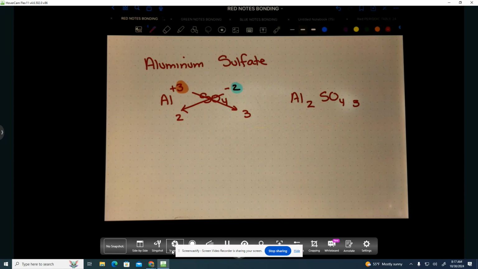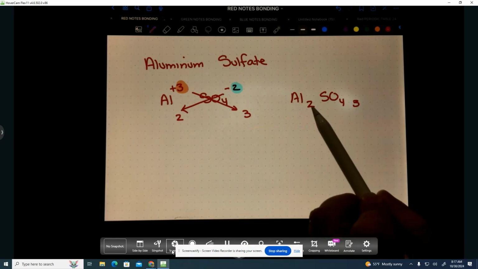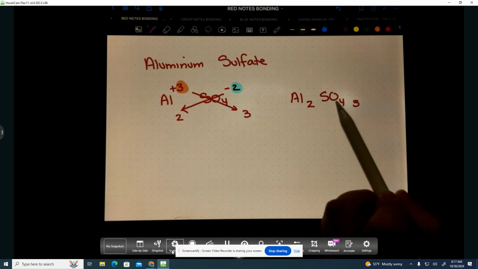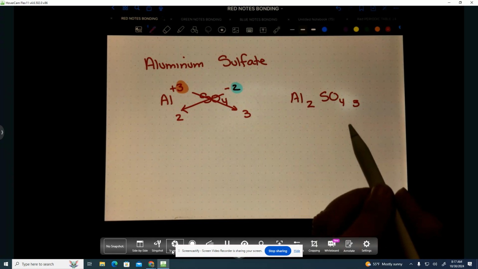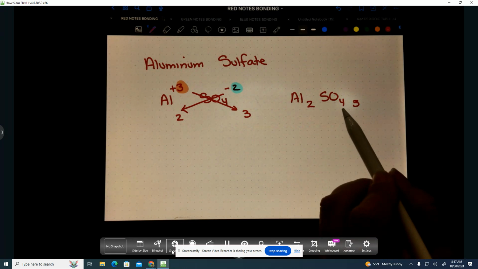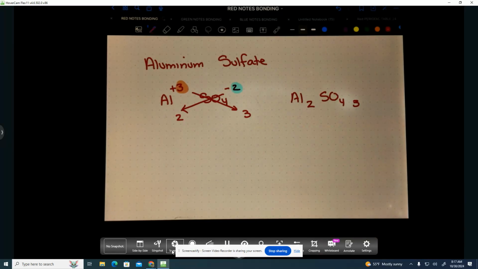Okay, now we've got a problem. This is telling me that I've got 2 aluminums and 3 sulfates. But right now, remember, not everybody has beautiful handwriting. If I were to read this, it would look like there's 43 O's. We can't have 43 O's. We need 3 SO4s.